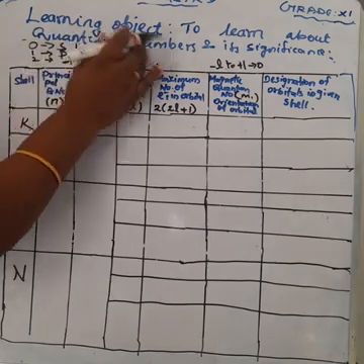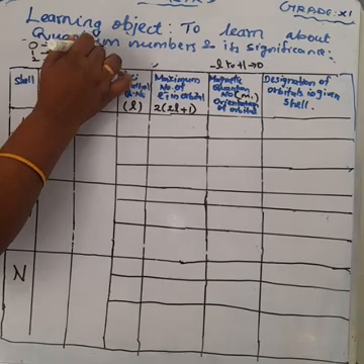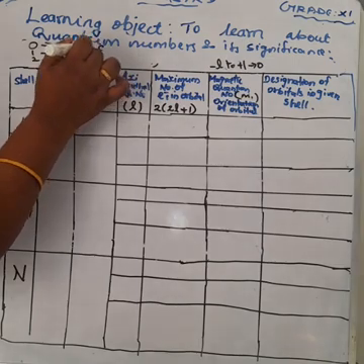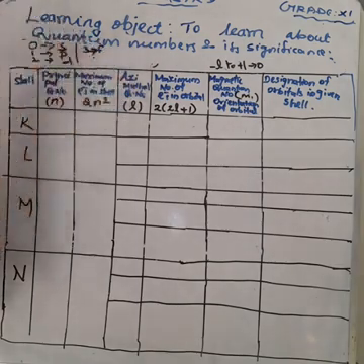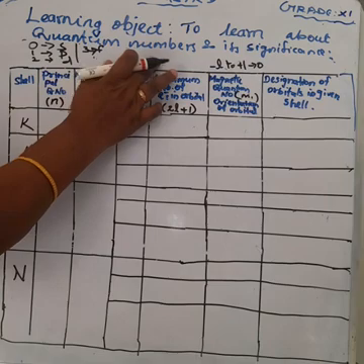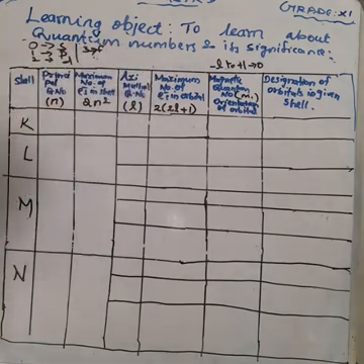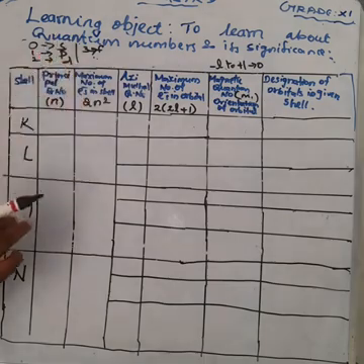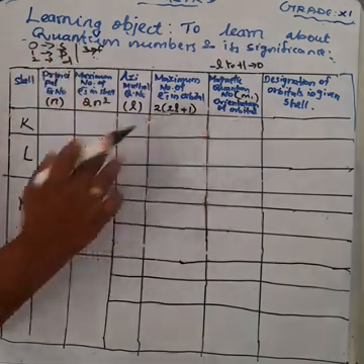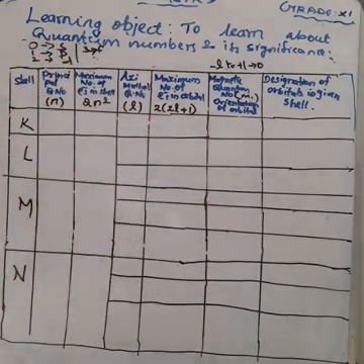The principal quantum number tells about the shell, the azimuthal quantum number tells about the subshell, and the magnetic quantum number tells about the orbitals within the subshell.